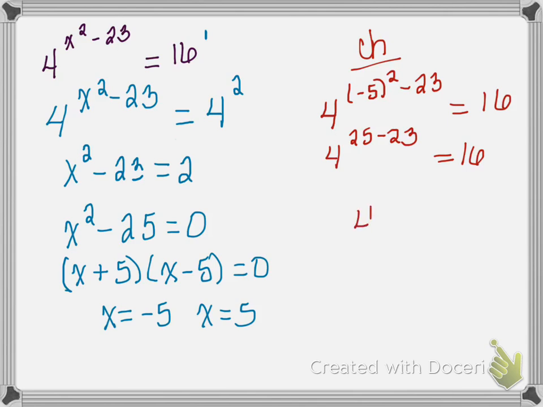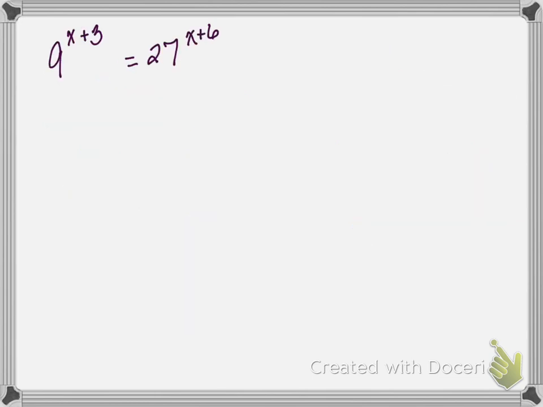Now I'm going to check the second one. 5 squared minus 23. 5 squared is 25, minus 23 is 2. So we end up with 4 squared equals 16, and that works. If you can rewrite the base, you want to rewrite the base. It is more complex if you don't. So you want to get in the habit of doing that.